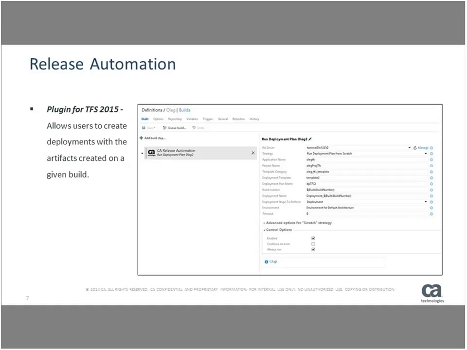And we feed back the results into the CI solution. So we broadened our solution in 6.2 by providing a similar plugin for Microsoft TFS 2015, basically allowing you to perform a continuous integration process from within TFS.